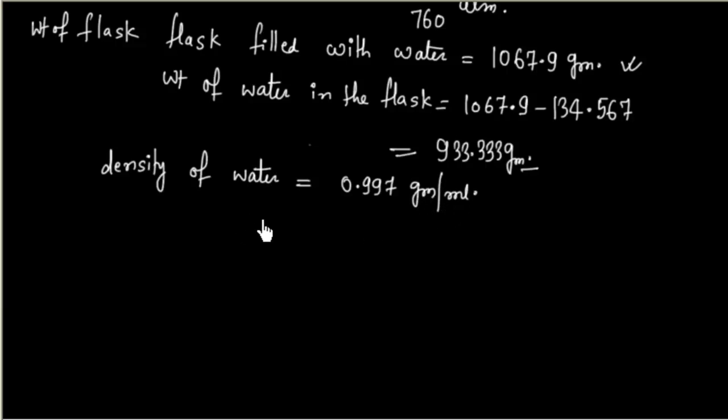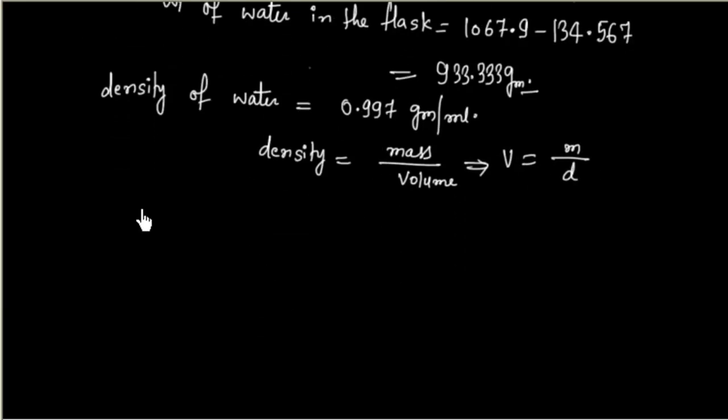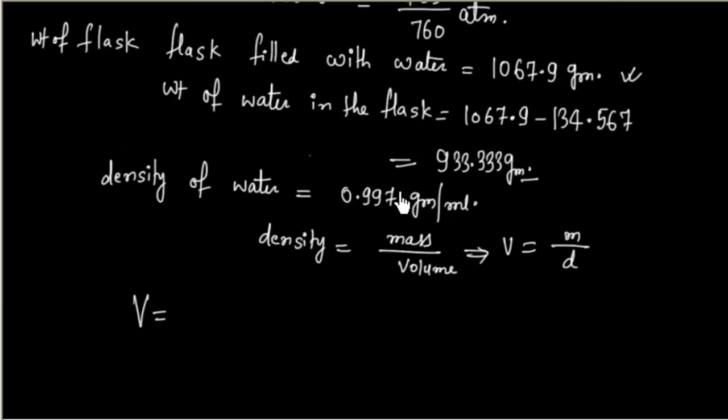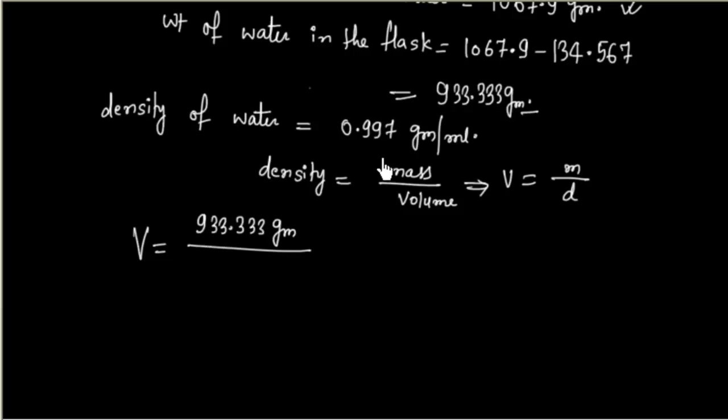So we can use the formula density is equal to mass by volume to calculate the volume. From here we can write volume is equal to mass by density. So the mass is 933.333 gram divided by the density 0.997 gram per ml.